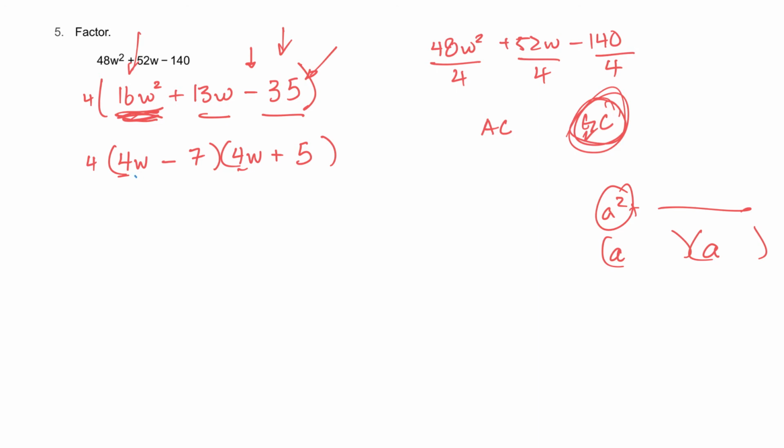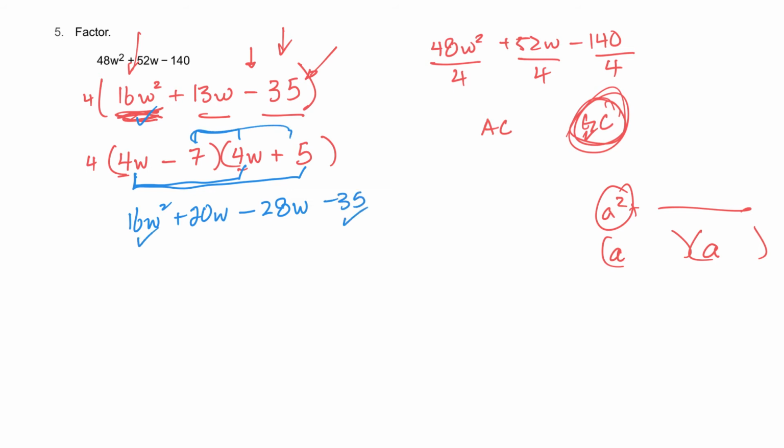So let's check. 4 times 4, 16w squared. Yeah, I knew that. 4 times 5 would be a plus 20w. Minus 7 times 4 is a minus 28w. And minus 7 times 5 is minus 35.